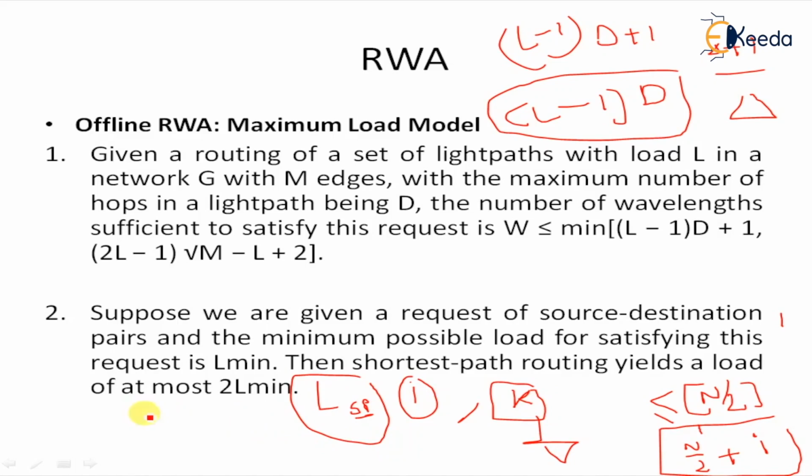Therefore, the load L mean of the optimal routing algorithm must satisfy the following condition: L mean greater than or equal to the maximum of K and (LSP minus K), or L mean greater than or equal to LSP divided by 2.